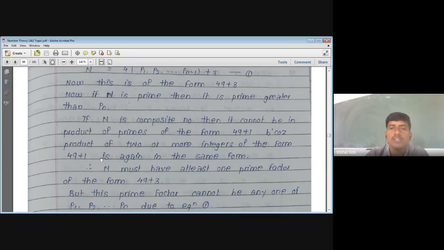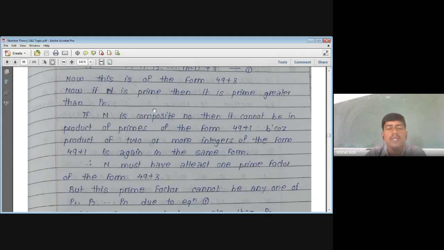If N is a composite number, then it must have a divisor other than 1 and N. Therefore, it cannot be a product of primes all of the form 4q plus 1. Therefore, if N is composite, then not all the prime factors of N are of the form 4q plus 1.